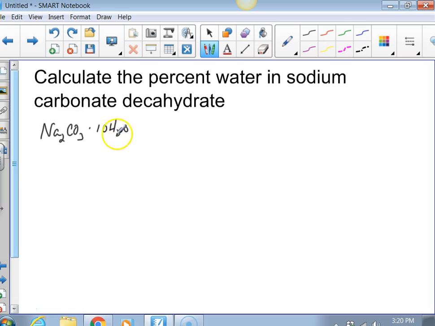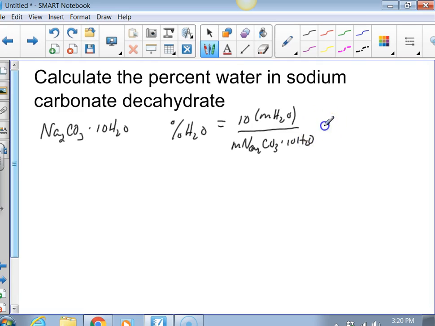The formula for this would be percent water, the part that we're interested in, so we would have 10 times the mass of water divided by the mass of the entire compound, Na2CO3·10H2O, times 100.